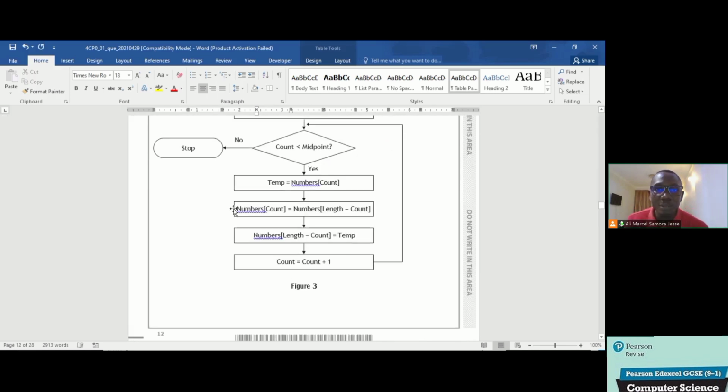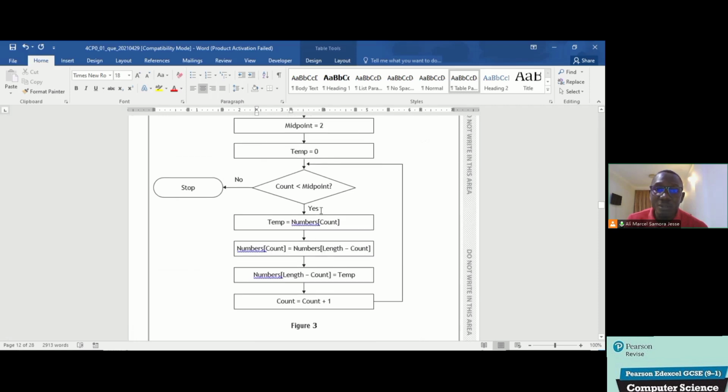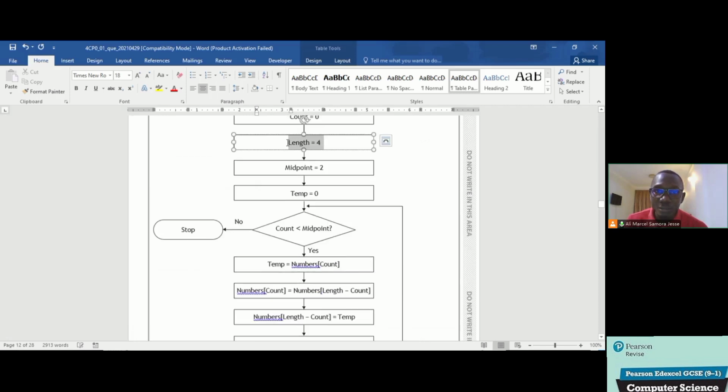Next, number count equals number length minus count. Count is 0 here. That's what we are looking for. And number length is 4. Number length is right here. It's 4. We are given in the flowchart to be 4.